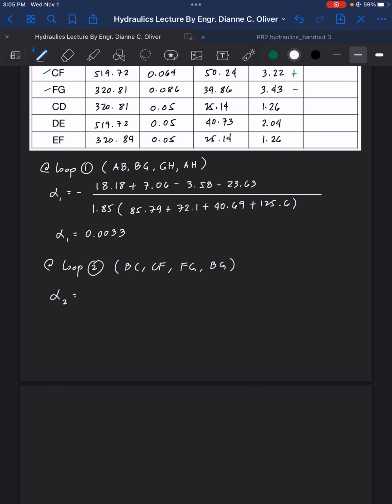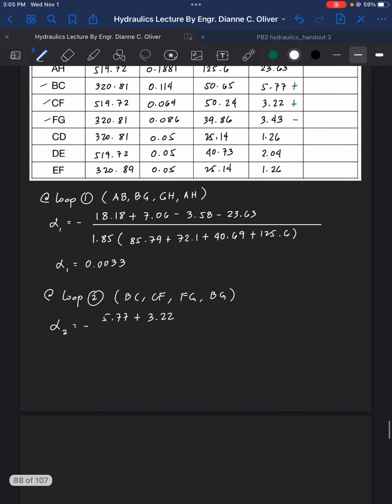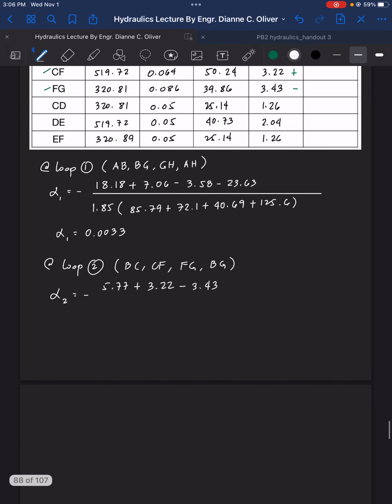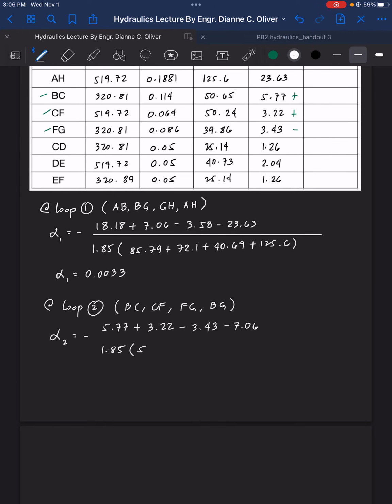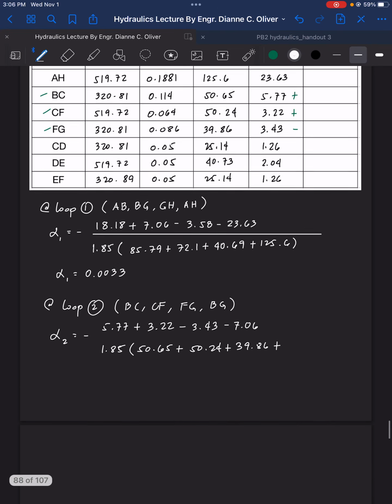So alpha 2 is equal to negative 5.77 plus 3.23 minus 3.43 minus 7.06, all over 1.85 times this 50.65 plus 50.24 plus 39.86 plus the BG 72.1.